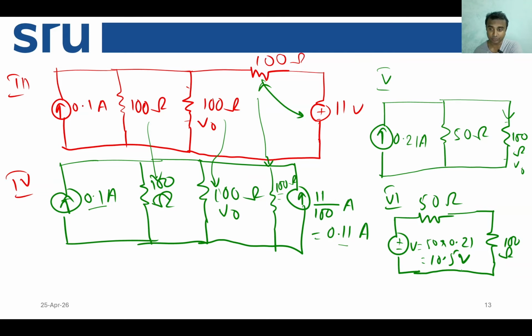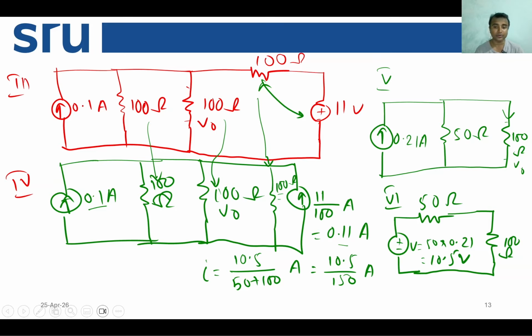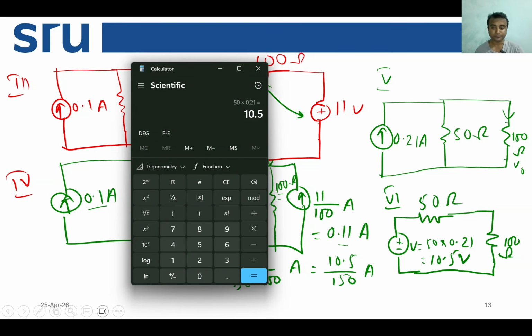So now you have 10.5 volt source, and then the 50 ohm and 100 ohm connected in series with this 10.5 volt source, then another 100 volt here. So the current through the circuit is 10.5 divided by 50 plus 100 ampere. So you can calculate 10.5 by 150 ampere.